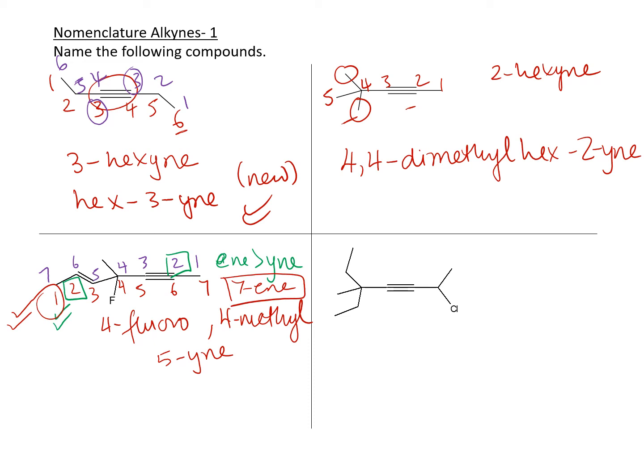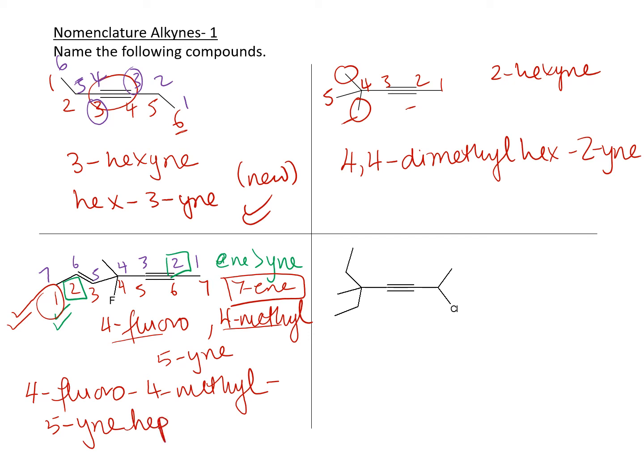So now let's go ahead and start with the substituents first. So 4-fluoro, 4-methyl, and now our other substituent sort of is going to be the 5-ine. So 5-ine, and then we have to tell how many carbons we have in the base, and that is hept. 5-ine hept 2-ene.